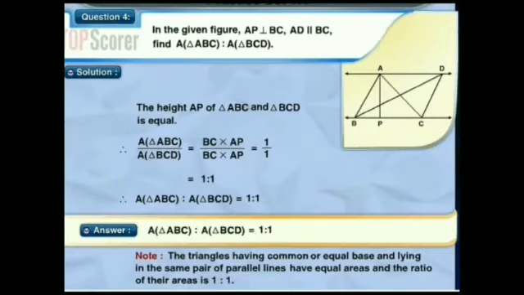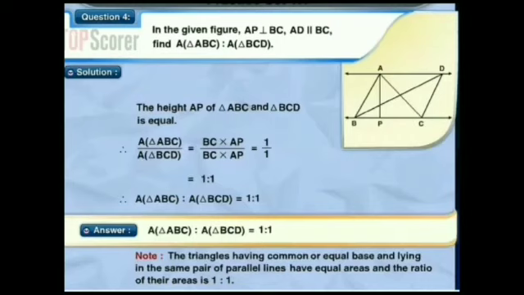So the solution is the height AP of triangle ABC and triangle BCD is equal. Why? Because both the triangles lie in the parallel lines. Therefore, area of triangle ABC upon area of triangle BCD is equal to BC into AP upon BC into AP.